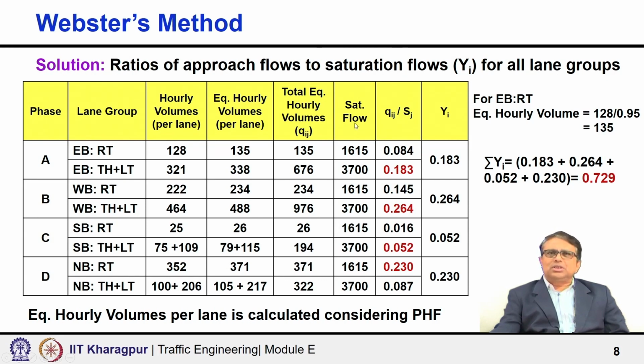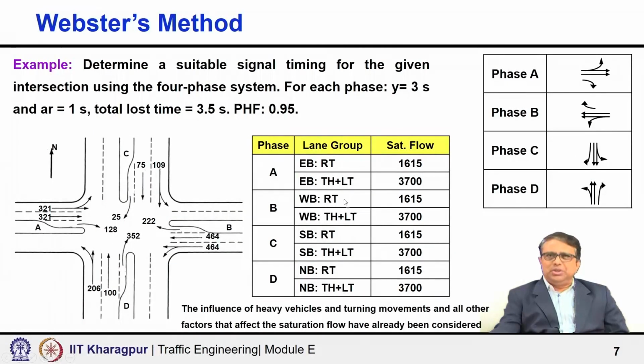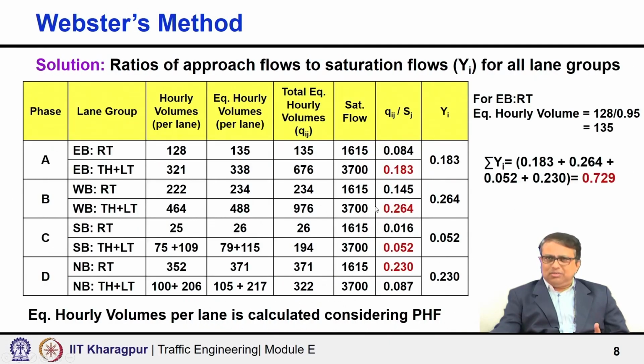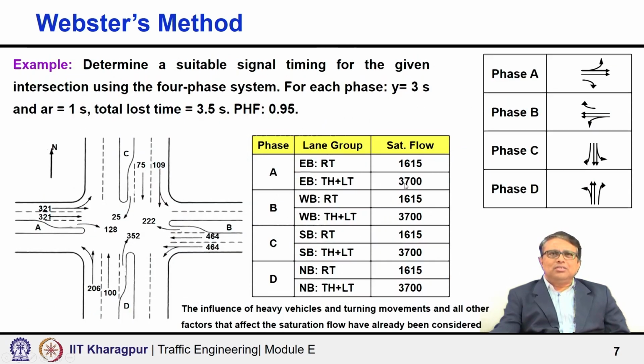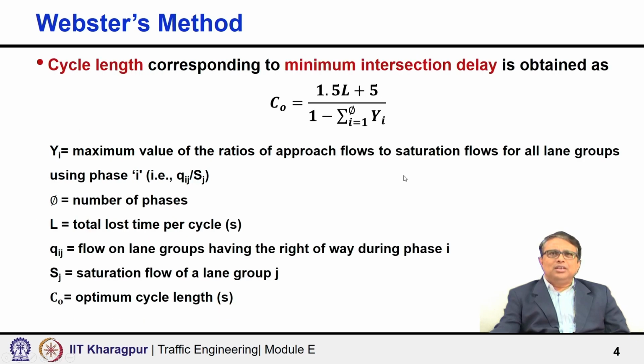Now, once the saturation flow is known from the previous table, given as inputs, we can calculate q_ij divided by s_j, each flow divided by the corresponding saturation flow. Now, in phase A, what did we say? If we go back, what is Y_i? The maximum value of the ratios of approach flows to corresponding saturation flows.